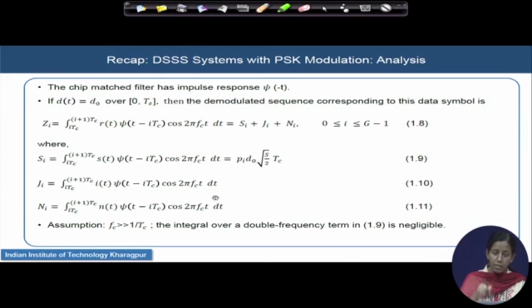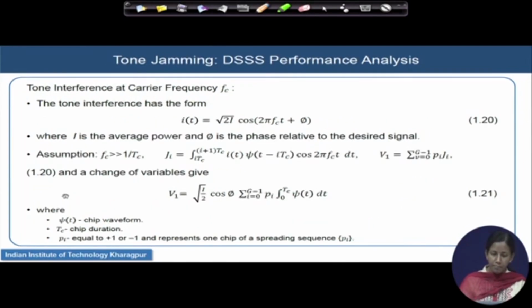So, IT is such that the jammer could locate your transmission frequency and design his signal exactly on fc. If that design is possible, how will IT look?